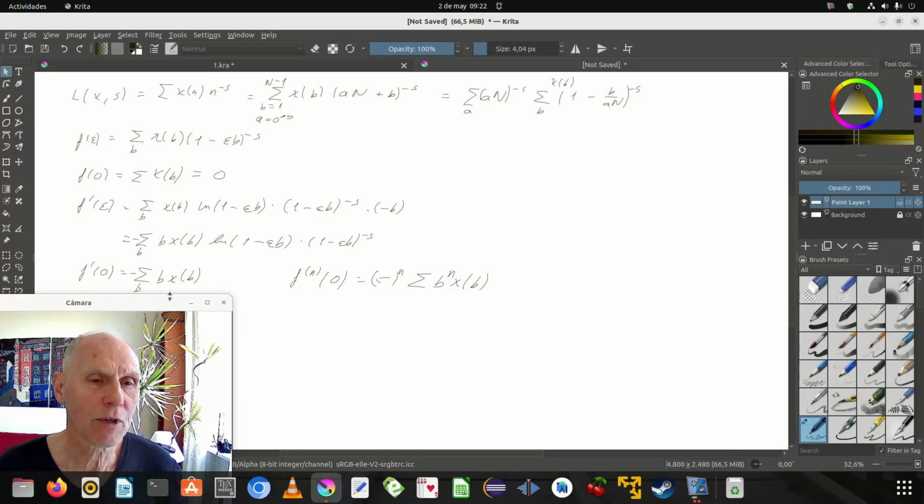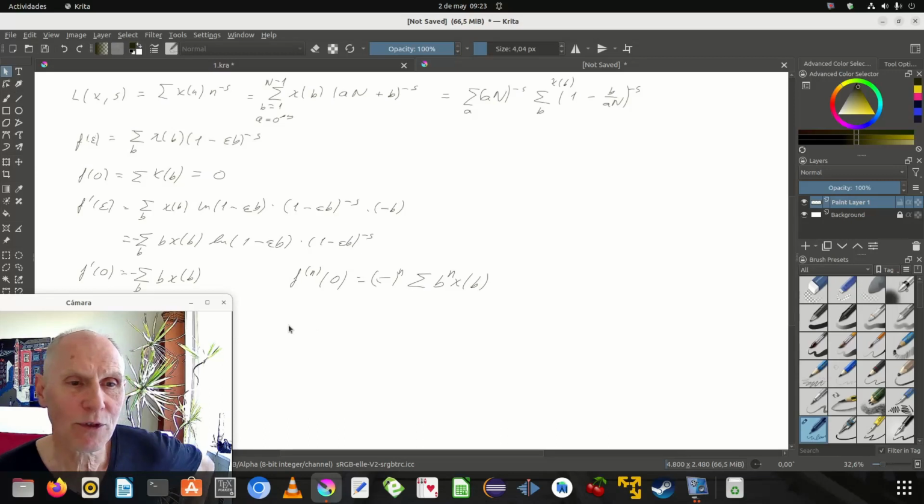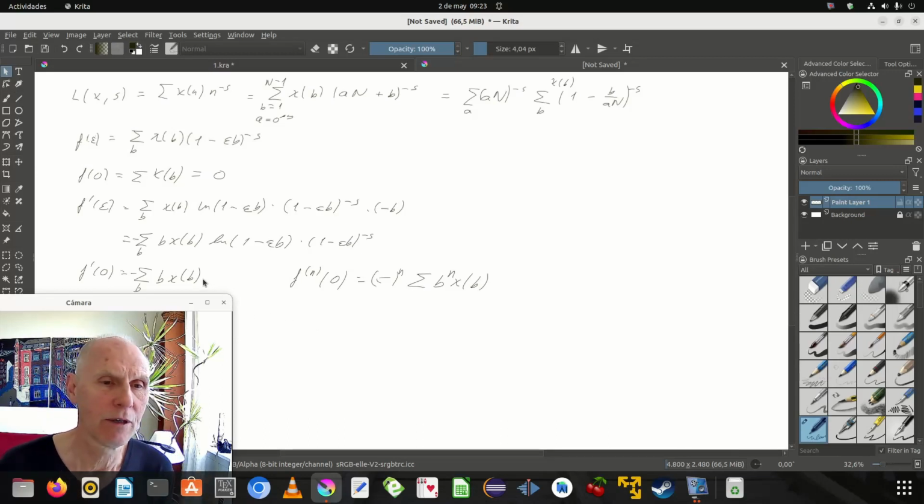So the sum of b to the k chi of b for b from 0 or 1 to n, that's easy. And then that sum would be the sum of chi of b squared, which would give the Euler totient function of n. So that's impossible.